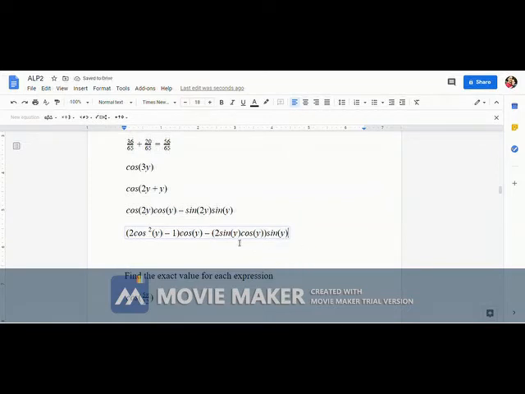Alright, now we have these all written with just singular y's, no doubles, halves, or addition in there.